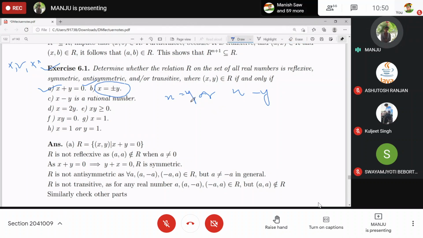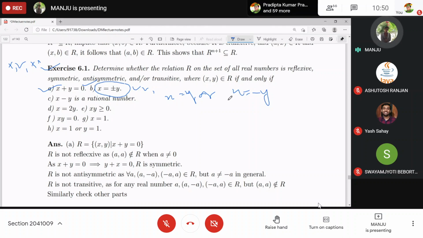So one is done, then obviously that is done. What about symmetric? Obviously x is equal to y, so y is equal to x, right? So symmetric is done. x is equal to minus y, so y is equal to minus x. Done, right? So reflexive done, symmetric done, antisymmetric.